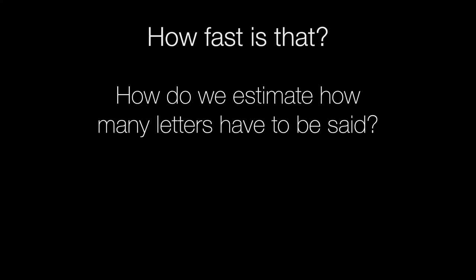Now, as I told you, how do we estimate how many letters we have to be said, right? Because if we want to be general and abstract, it's not that every time we have to say something, we do our calculations because we want to say, in general, this algorithm is like this. So we have to estimate how many letters have to be said.